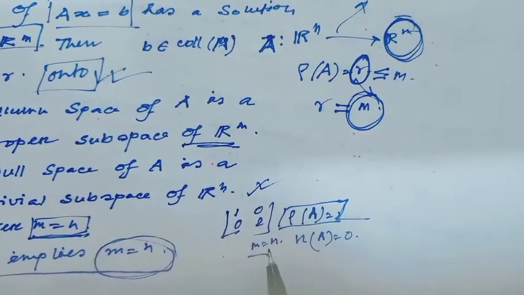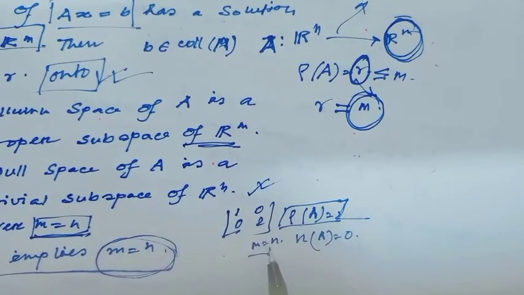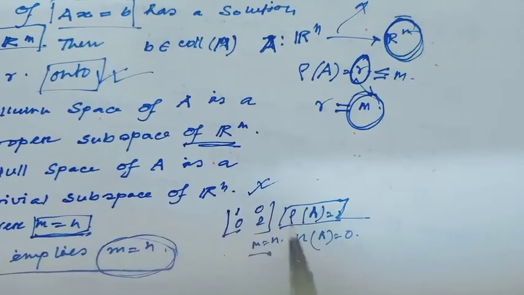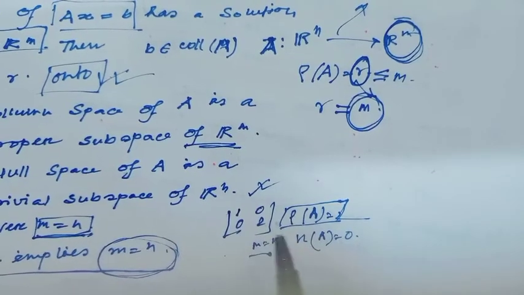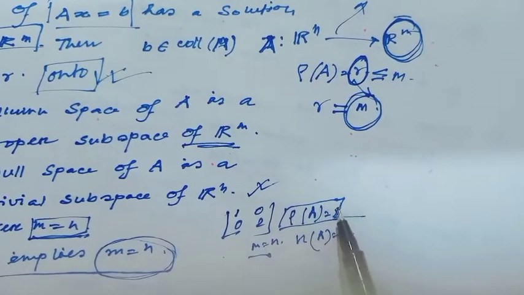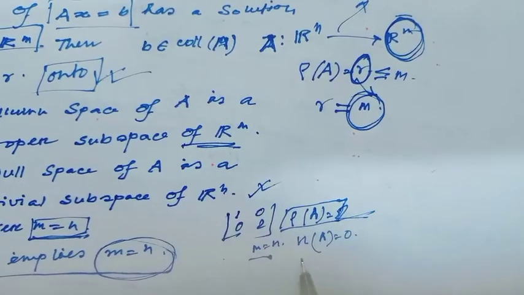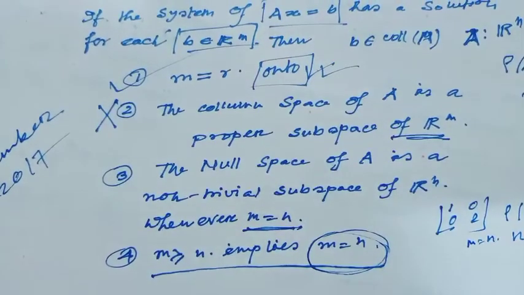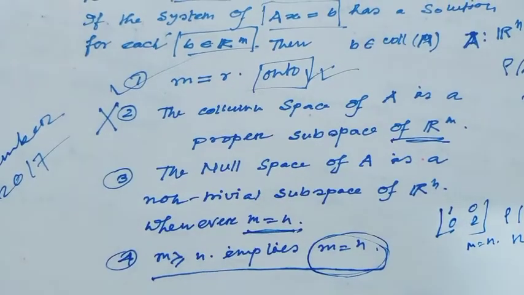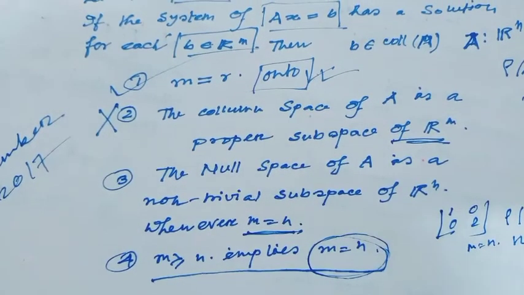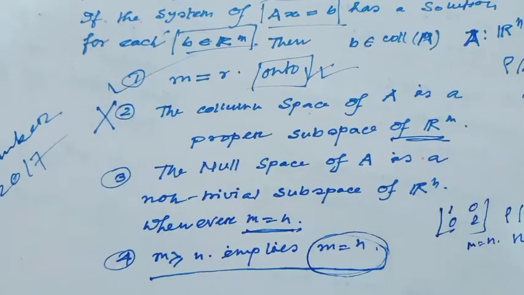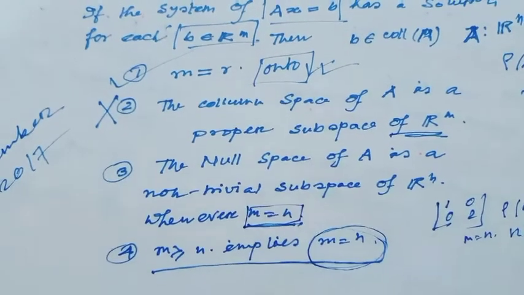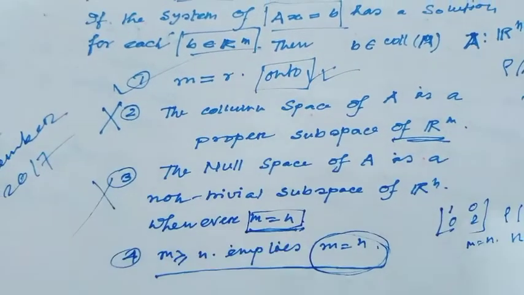So m equal to n, and since this matrix is invertible, the rank of the matrix is 2. That implies the null space of this matrix is equal to 0. So the null space being non-trivial is not true, and this is also a wrong option.